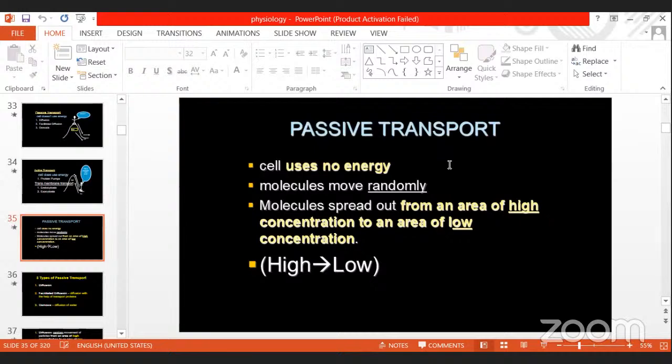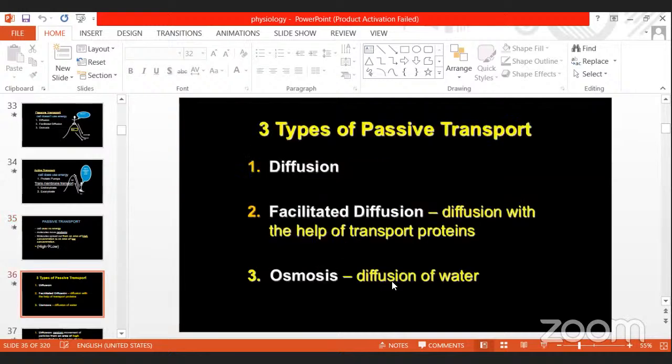Passive transport moves substances or molecules from an area of high concentration to an area of low concentration, high to low. The molecules are just flowing with the concentration gradient. There are three types of passive transport: diffusion, facilitated diffusion, and osmosis.